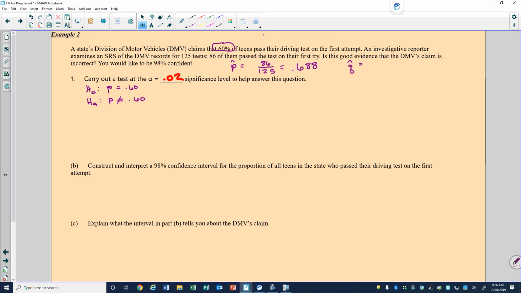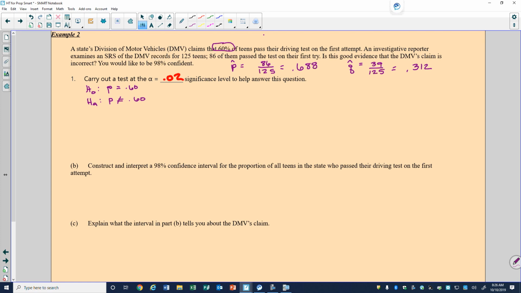So if I do 125 minus 86, that leaves 39 people in that set who did not pass the test on the first try, which is going to give you a proportion of 0.312.